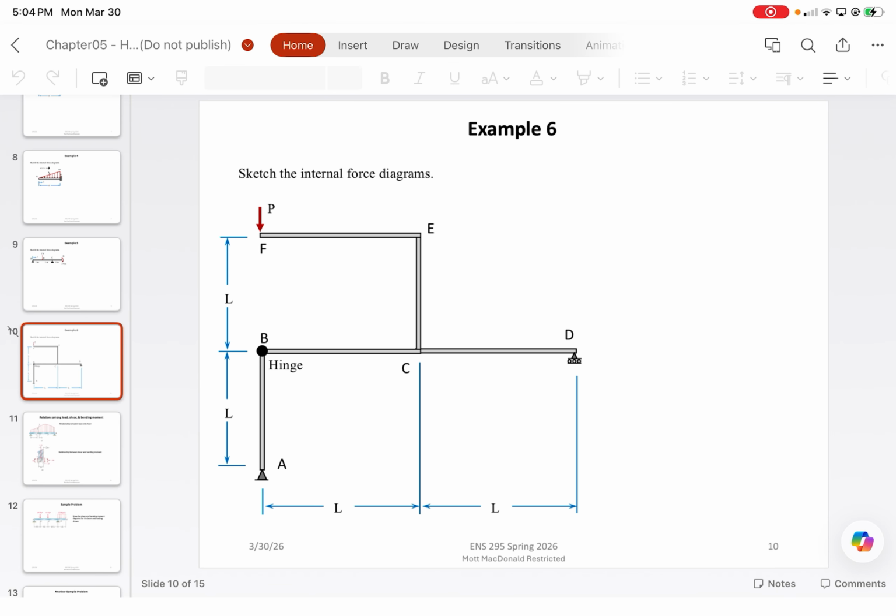As the material yields, for axial loading, all the material in the cross section would yield at the same time. But because we're dealing with bending, it yields at different locations. It starts at the extreme fibers, top and bottom, and as you apply more load, it becomes more rectangular because the stress can't exceed the yield stress.